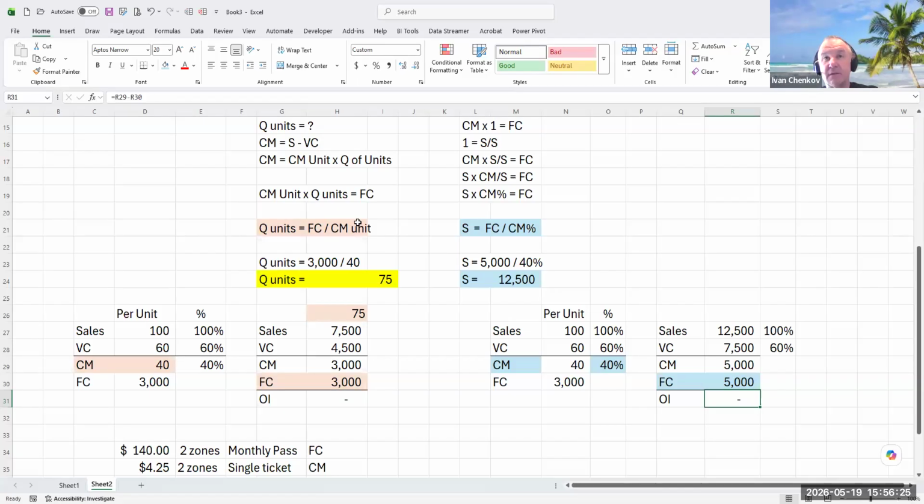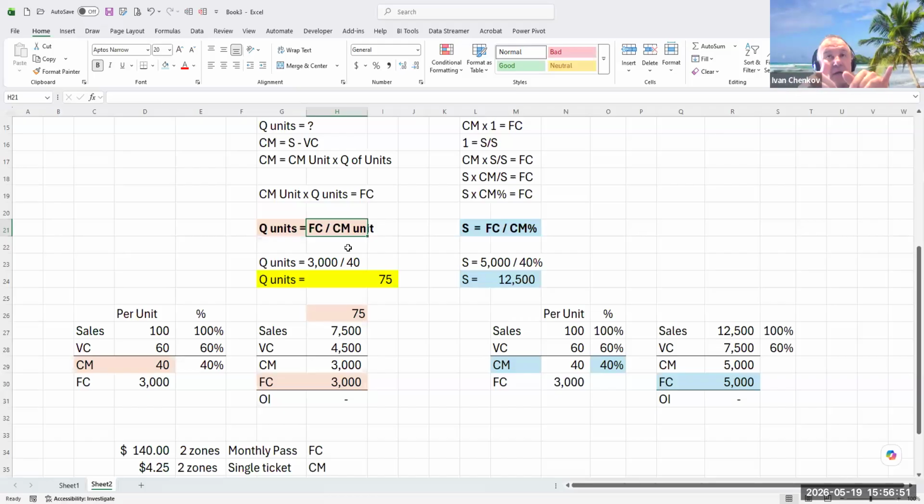So for that reason, what I want you to pay attention to is that in both formulas we're using the fixed cost as a numerator, and in both formulas we're using the contribution margin as a denominator, but a different contribution margin. If we want to find out how many units we need to sell, we need contribution margin per unit.